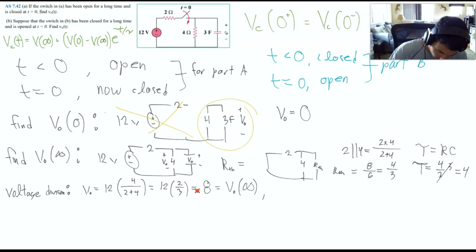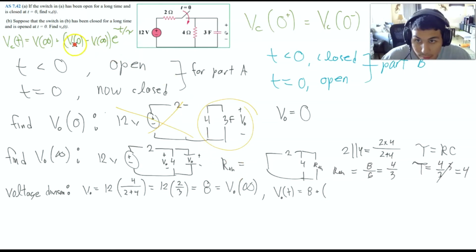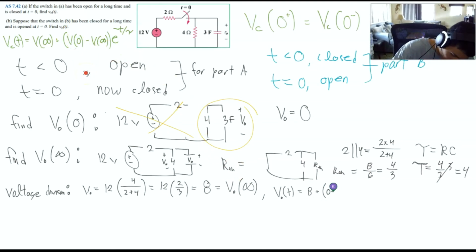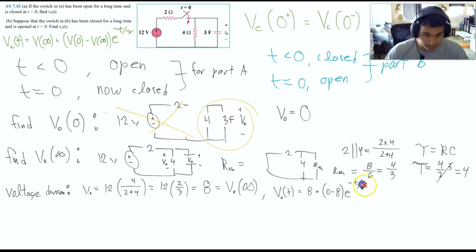So now we can write V of t, and we could write this equation. So it's going to be 8 plus 0 minus 8 e to the negative t over 4.